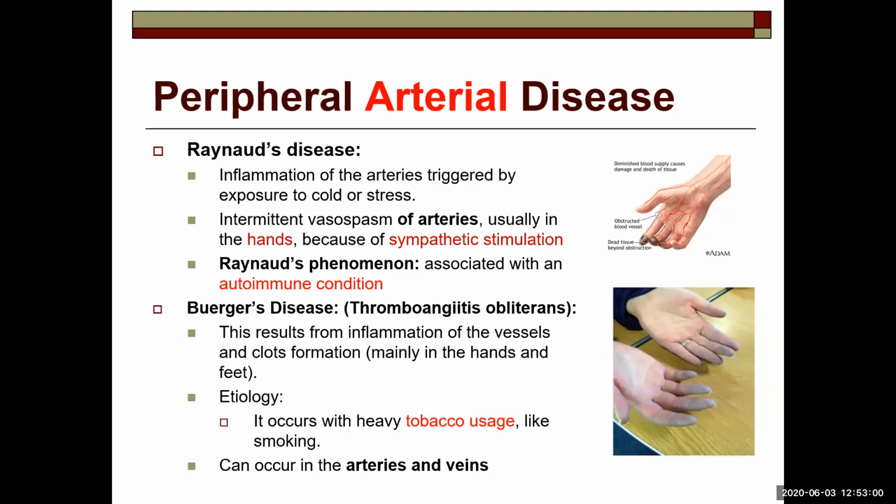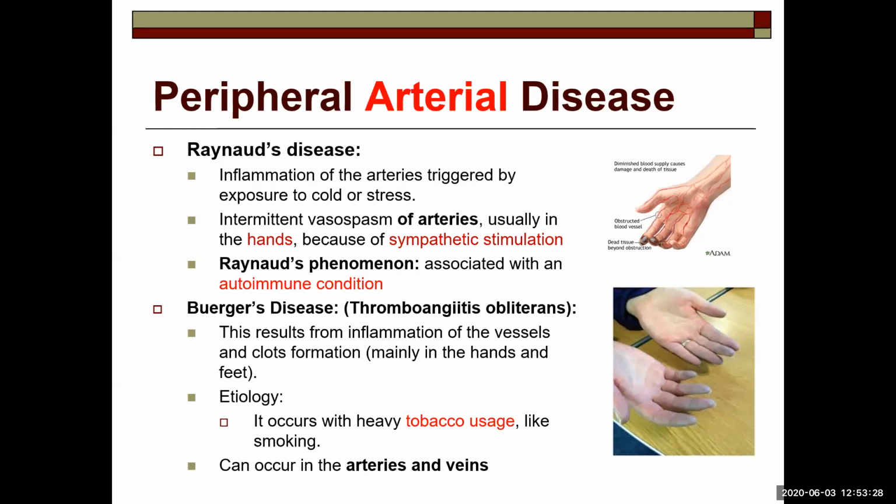Now, but some people, even though it's not very, very cold, you can get that because this is due to intermittent vasospasm. So all of a sudden you have an intermittent vasospasm in the arteries. So your arteries become spastic. So the blood flow will not be too much going into the fingers and the digits.